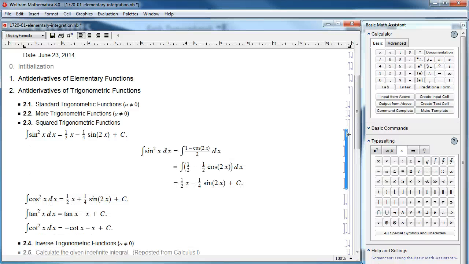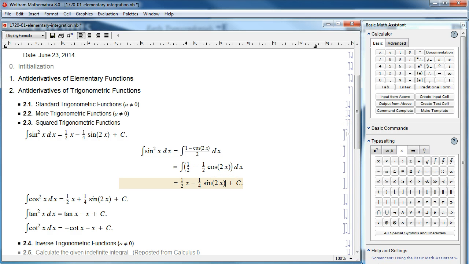Sine squared of x is equal to 1 minus cosine of 2x over 2. And this formula is sometimes called double angle formula, sometimes called half angle formula, so it's kind of confusing. So I usually call it power reduction formula. So reduce the power 2 to 1, and then we can apply the antiderivative formula that we discussed in 2.1, and here we go.